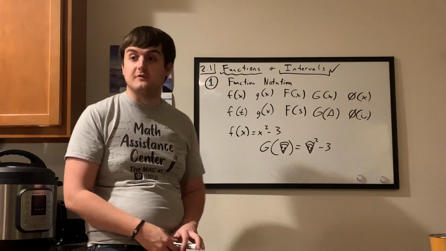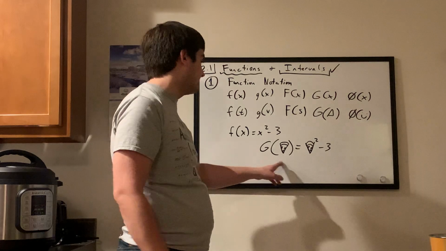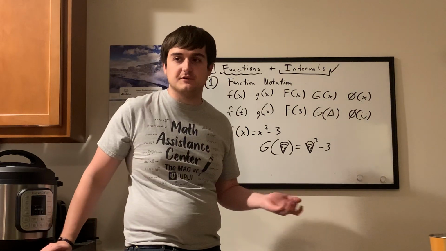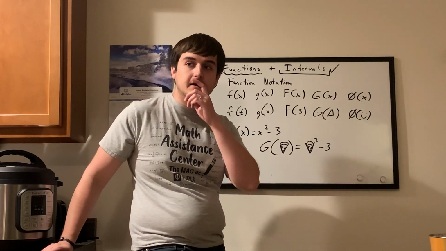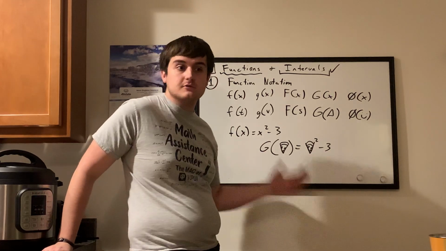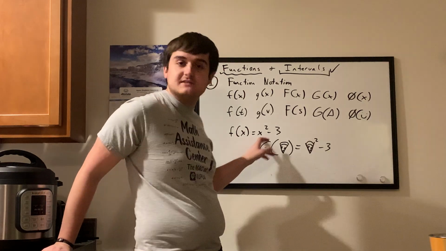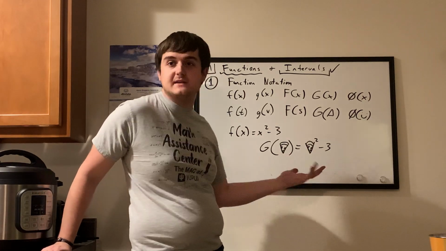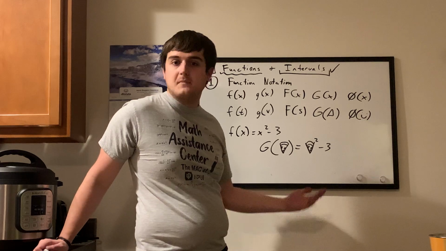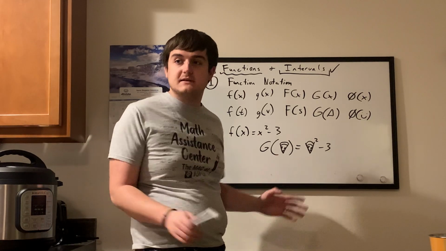What's the difference between these two functions? Well, other than the second function probably getting you laughed at because nobody would use pizza as a variable generally, they're the exact same thing. There's nothing different about these. I use different notation, but it's still explaining the same thing. In this case, x is my independent variable, and in this case, pizza is my independent variable. I can use whatever I want to describe this, and it all works out.